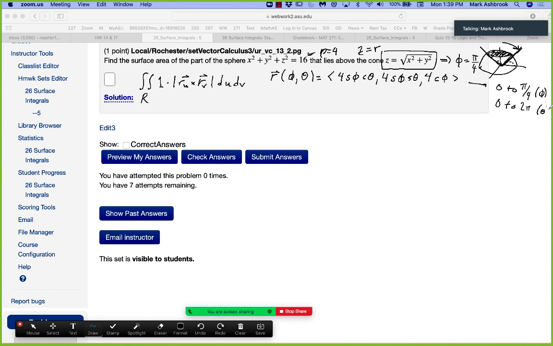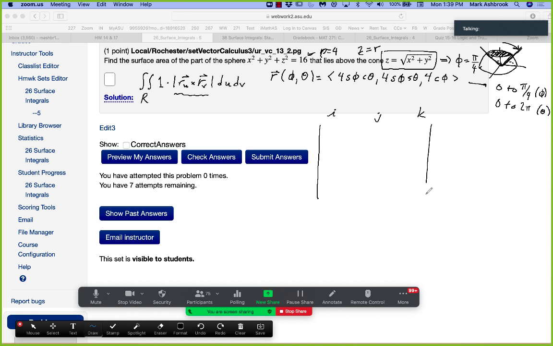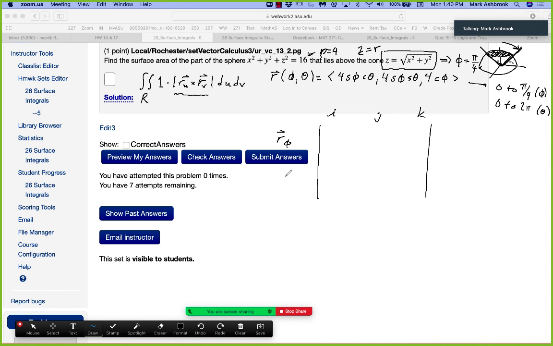So really all that's left is this bad boy, and it's bad. So we'll just get started here. So we got I, J, and K. So r phi and r theta, we need the partial derivatives.